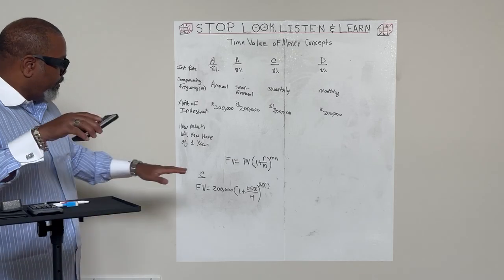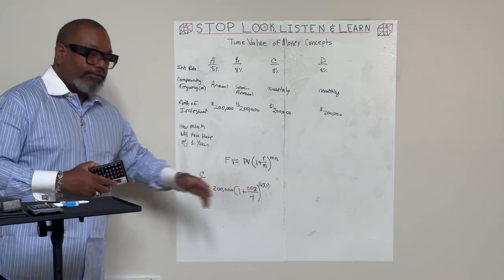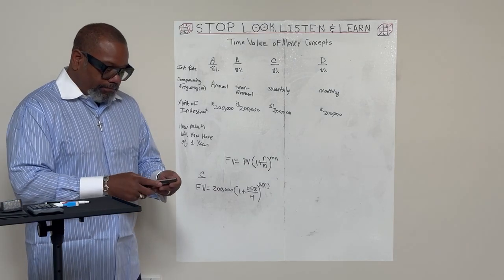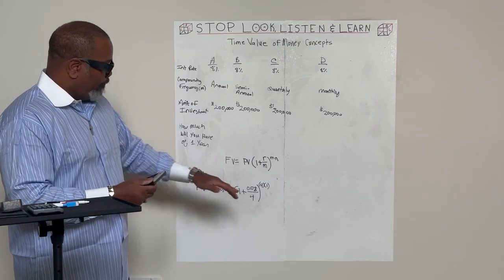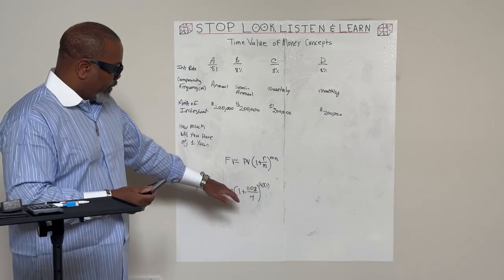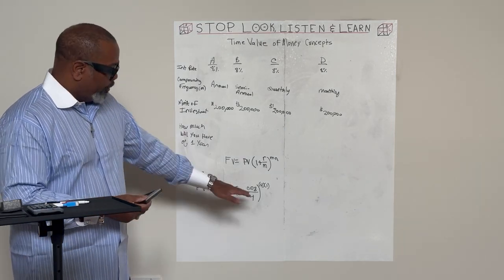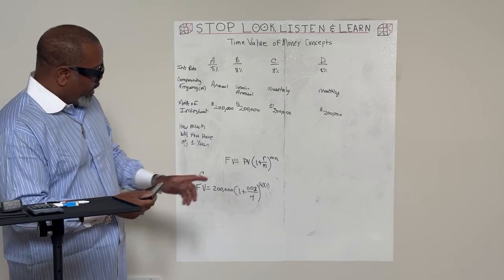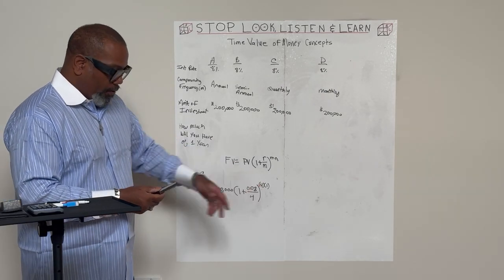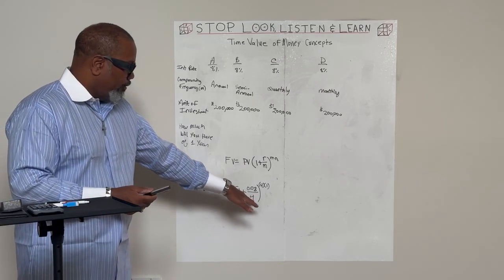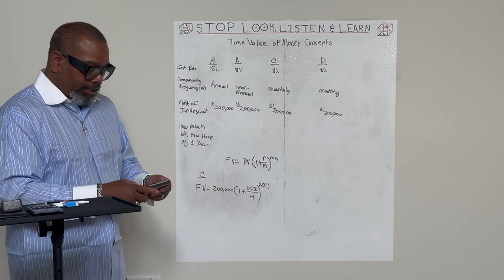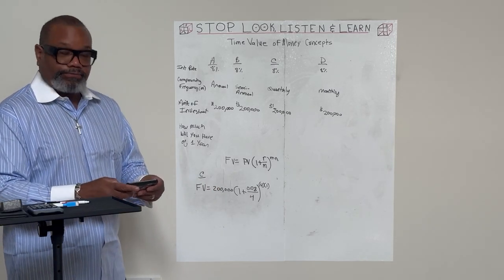And what we want to do now is compute what the factor will be. So, start off with 0.08, and we're dividing that by 4 because it's being compounded 4 times per year, and then we're going to add 1 to it because we do what's inside the parentheses first. And then we're going to raise this to the 4th power, and then that will give us our future value factor. And then we multiply that times the amount of our investment.